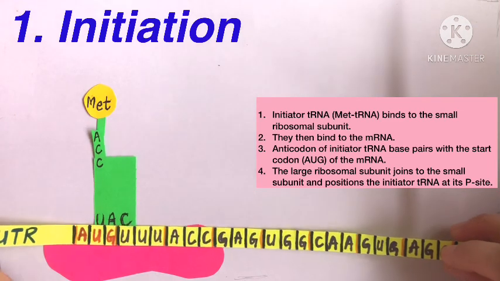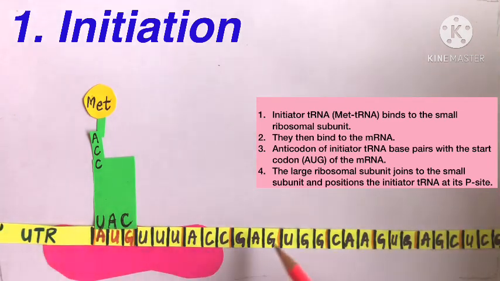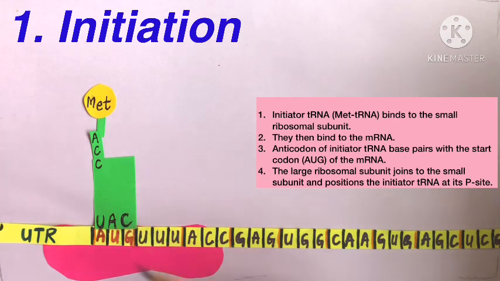So let me bring the mRNA. So this is our mRNA strand. So the complex has now bound to the mRNA and the initiator tRNA's anticodon base pairs with the codon AUG of the mRNA.